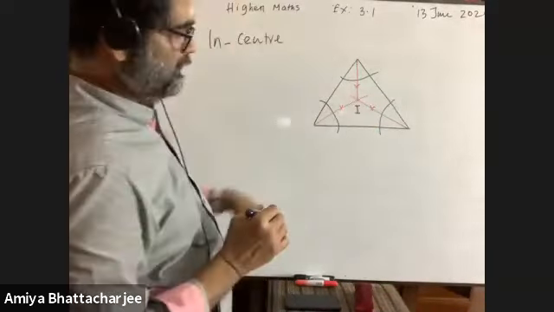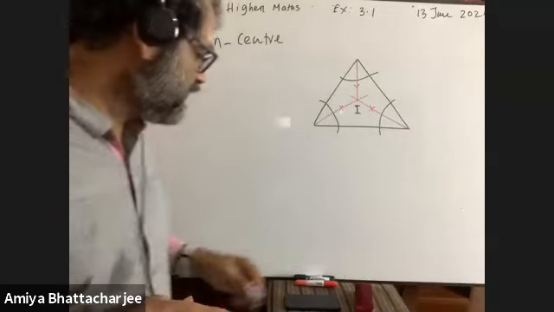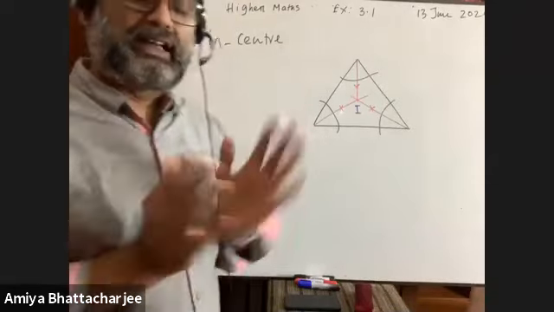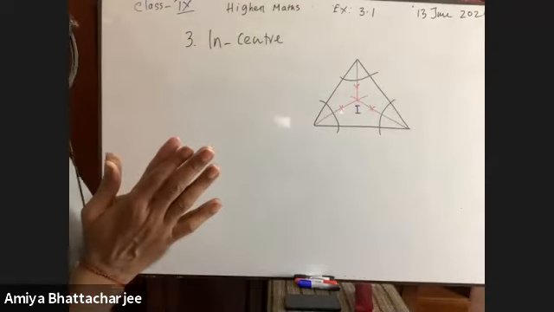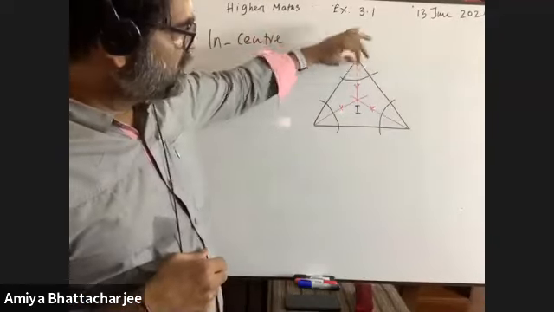Please try to understand. What is the definition of incenter? The bisectors of the angles meet at a point. We have got the bisectors of three angles.